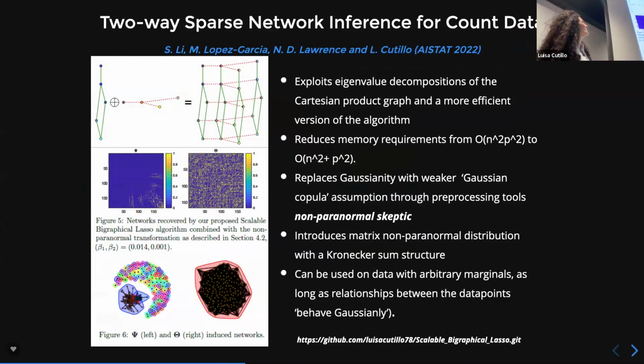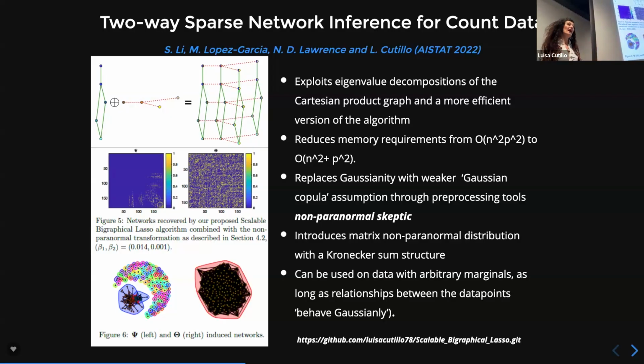The software is called scalable bigraphical lasso, but the title there is Two Ways Sparse Network Inference for Count Data. We introduced something that is called the nonparanormal distribution with the Kronecker sum structure. So we use the Kronecker sum structure, but we consider the fact that the data we work with are not always Gaussian.